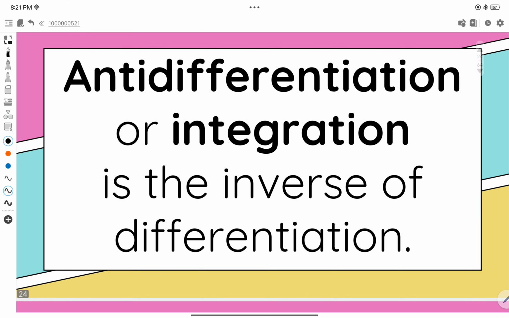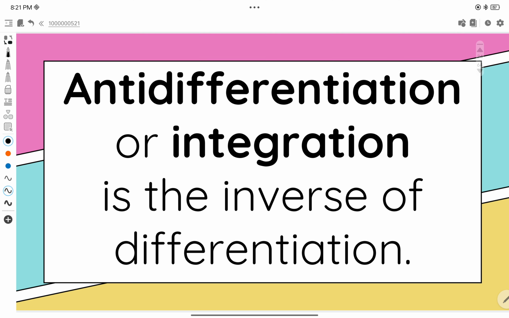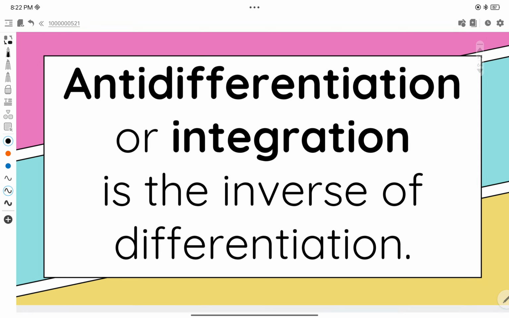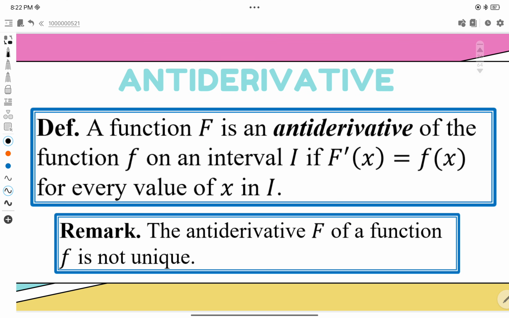Let's proceed. So, antidifferentiation or integration is the inverse of differentiation. We have mentioned this already in class. And integration is the process of finding the antiderivative.